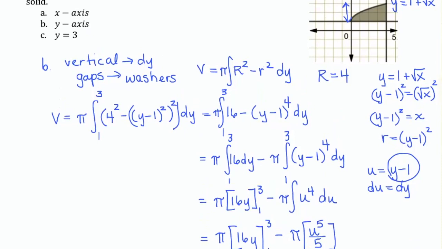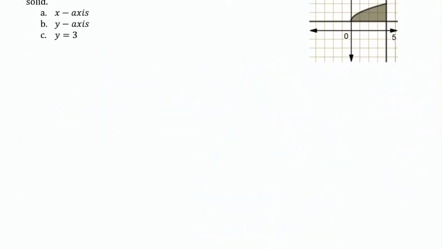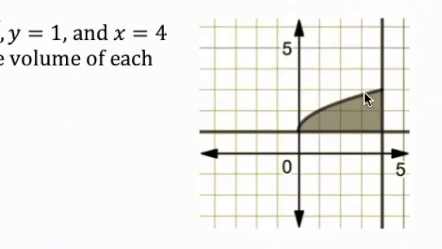And the last one that I have set up for you is part C, which is to figure out when your axis of revolution is y equals 3. Y equals 3 is, here's 0, 1, 2, 3. Y equals 3 is this line right here.